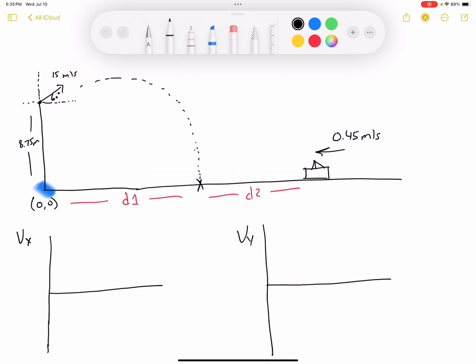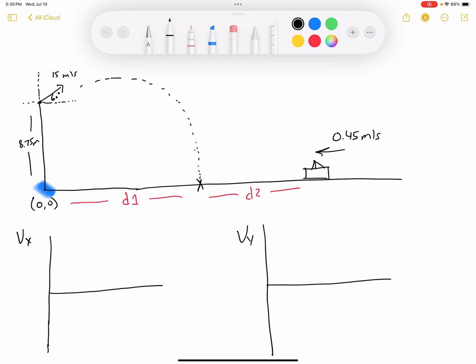Okay, so we look up here at the top where it says 15 meters per second, 60 degrees. I want to break this velocity vector up into its x and y coordinates. At the bottom here, the horizontal part would be 15 times the cosine of 60. It's cosine because the bottom is adjacent to the 60 degrees.